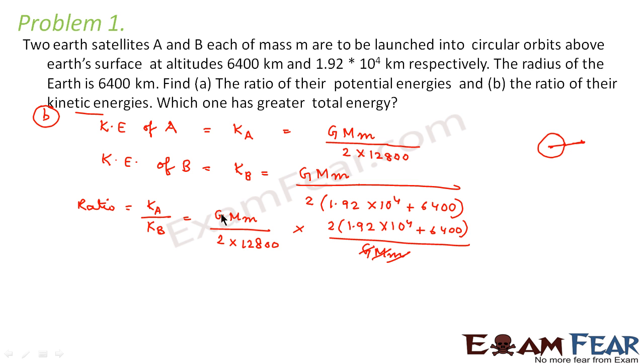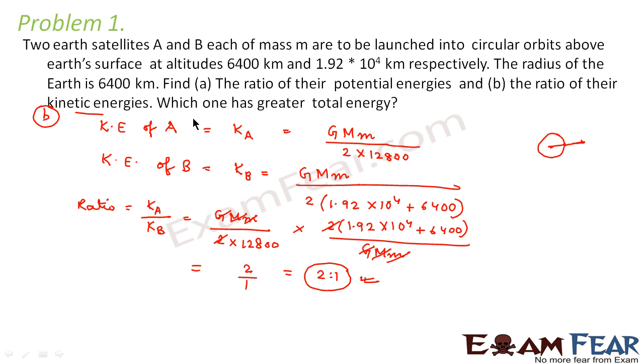So these three terms will get cancelled. This 2 will get cancelled with this 2. So we find that this value comes out to be 2 by 1. So the ratio is again 2:1. So the ratio of the kinetic energies of A and B is nothing but 2:1.